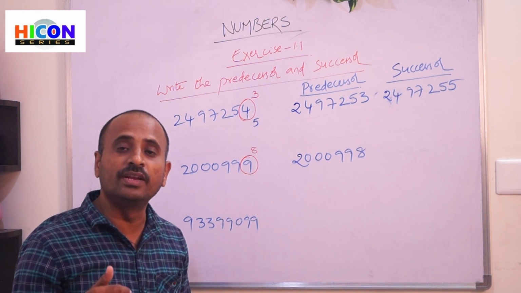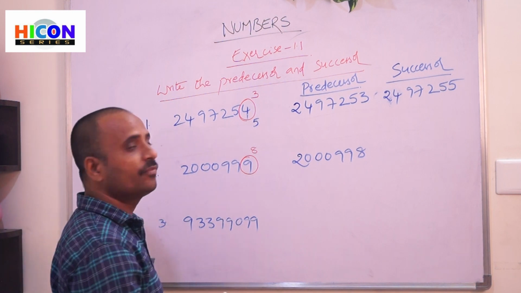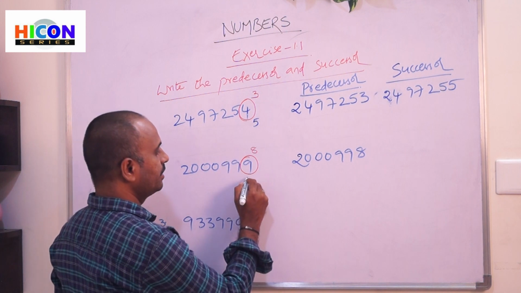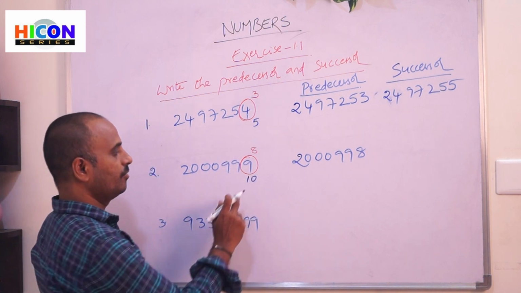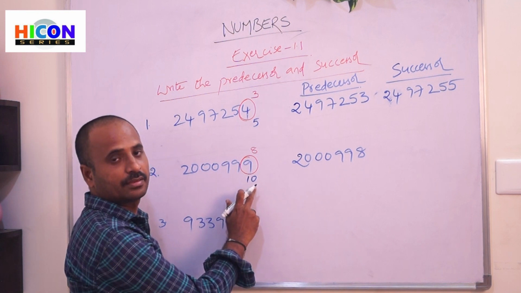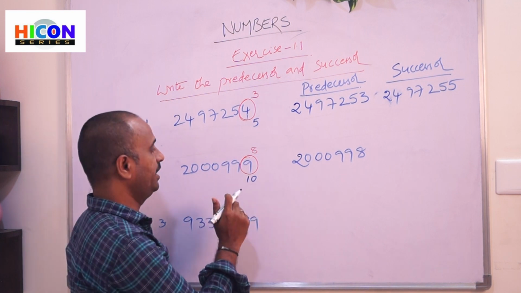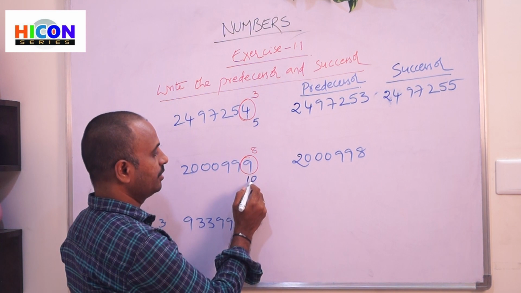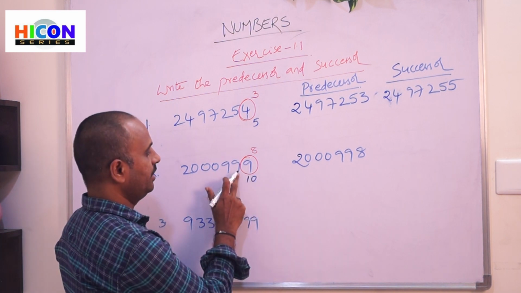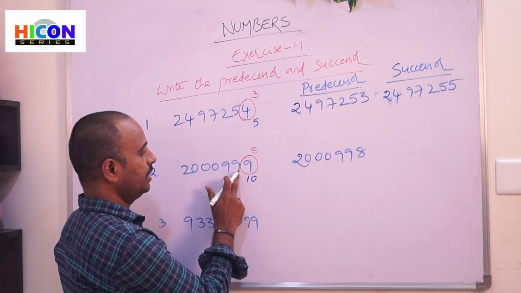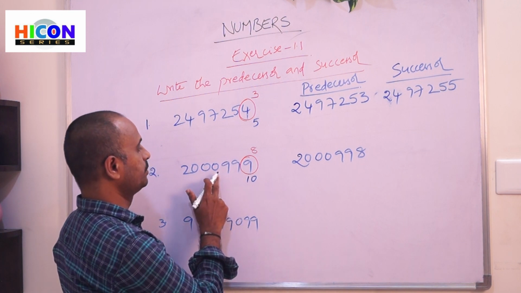After 9 we will get 10. So the ones place becomes 0, and this place becomes 0, and this place becomes 0, and this place becomes 1.